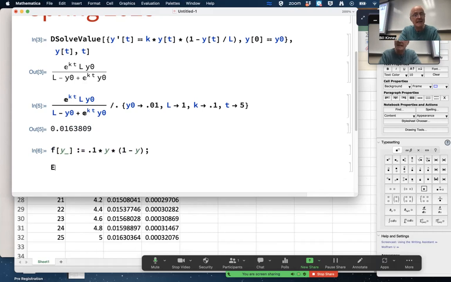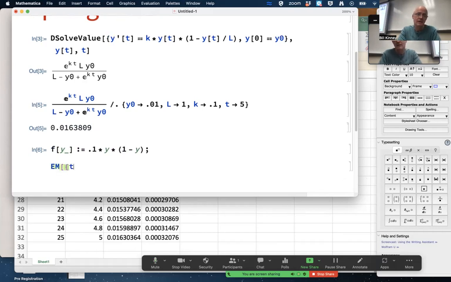I'm going to call it EM, curly braces, T underscore, W underscore. This is going to be a function that takes two-dimensional input and gives a two-dimensional output. T gets updated by 0.2 every time. I'm adding 0.2 to T. And W gets updated by F of W times 0.2.